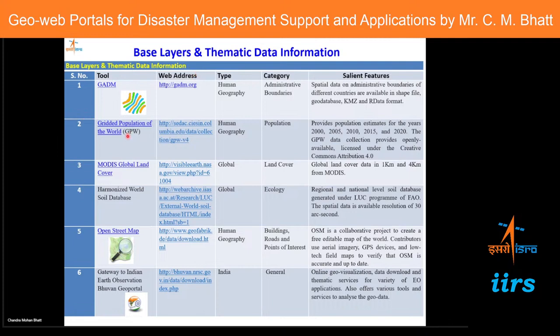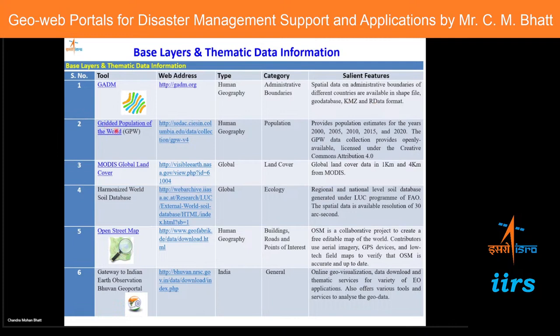There are a number of open sites which support you, like GADM, the Global Administrative Boundaries. For any country, you can download the administrative boundary up to the state level using their portal. It allows you to download in shapefile format and also in KMZ format.